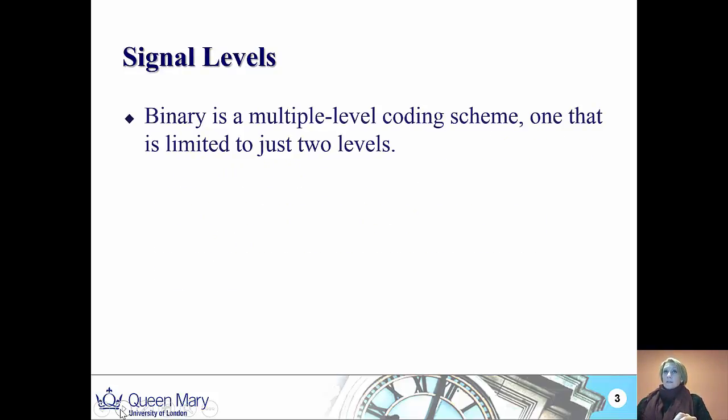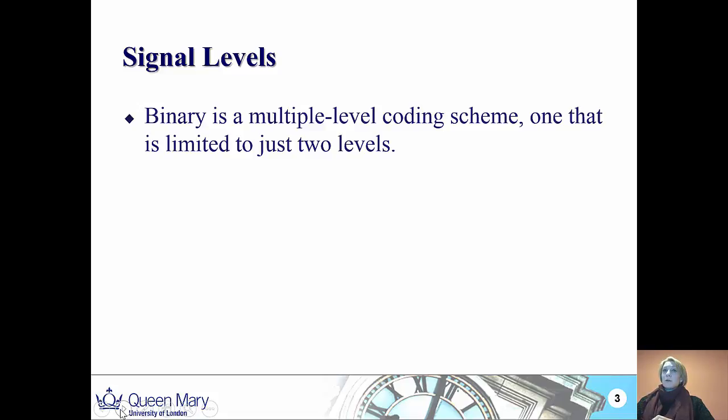With regards to signal levels, as I said, we've commonly seen the step function where we have a binary 1 or a binary 0. This binary approach to signal levels is a multiple level coding scheme, and it's commonly limited to 2 levels.